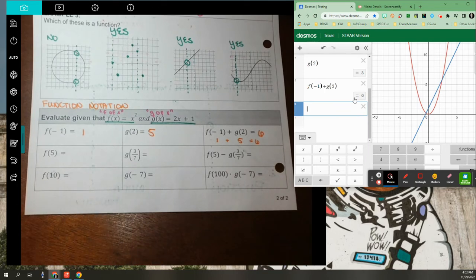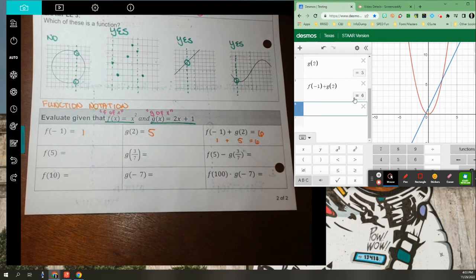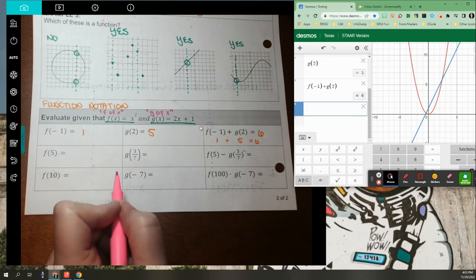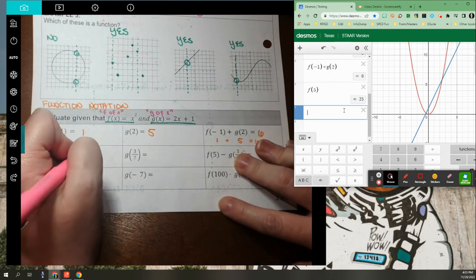Let's see if we can figure out the next row. And we don't have to change anything because we're still using these basic equations. This is just like when we did substitution, but we're learning how to do substitution just a lot faster. Okay, so we have f of 5. F of 5 is 25.